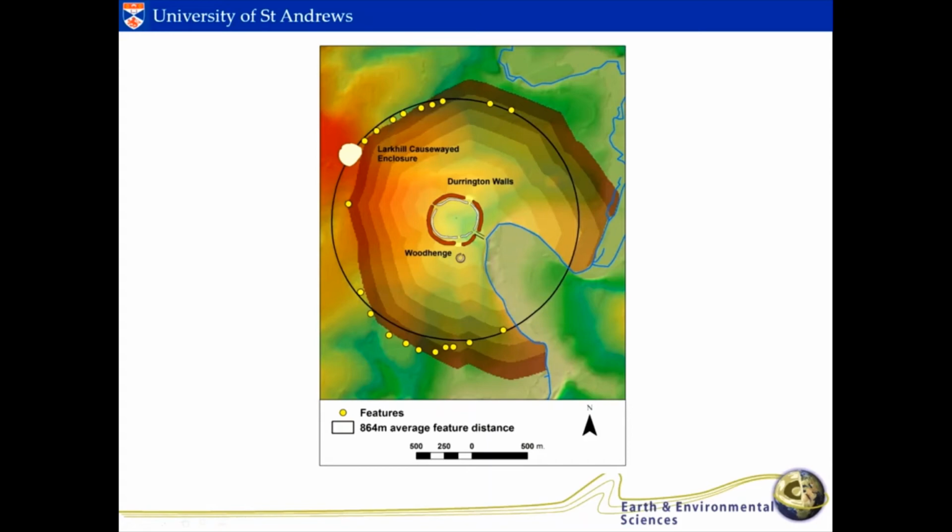So quite an interesting set of features. Don't know what they're for. We've got to go back and certainly we would like to dig up some of these more to understand what the geology is. And I think that will help us then understand perhaps what the use of these features might be.